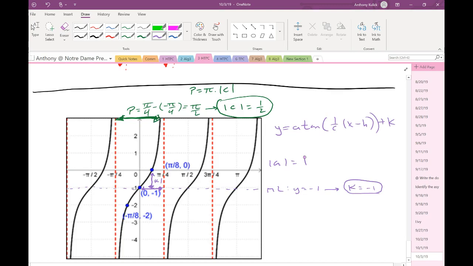I looked at halfway between my midline point and the asymptote, and I looked at the distance from the midline to the graph. So I just looked at this distance right here, which is 1 unit. We're just visualizing it. You could have gone and looked at this side as well.